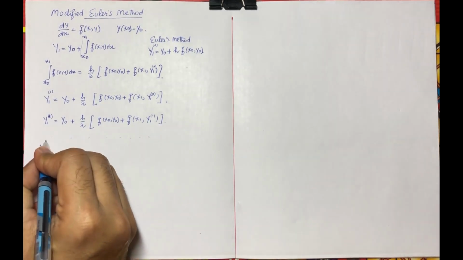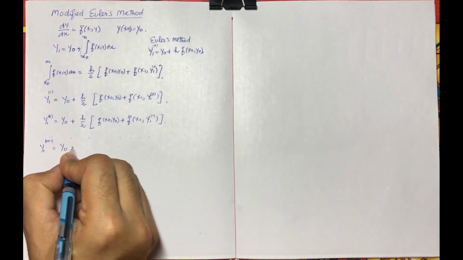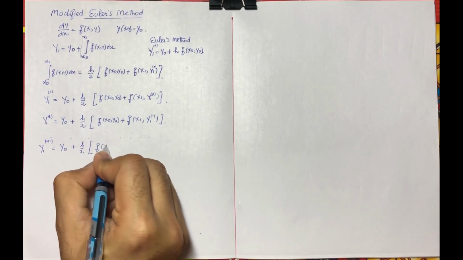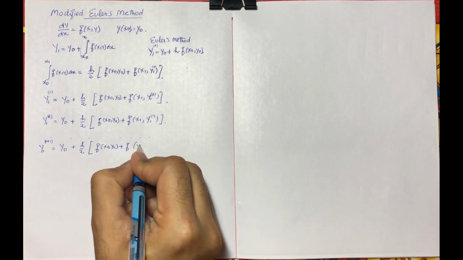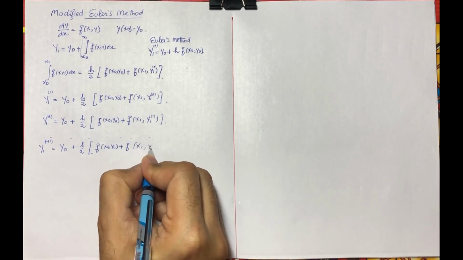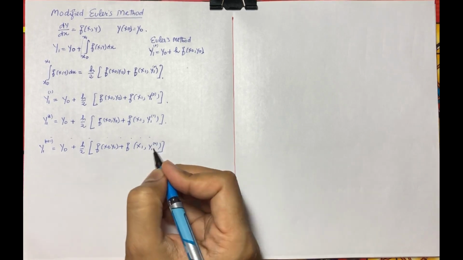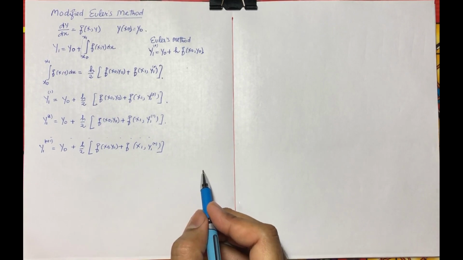So we can write the (n+1)th approximation is y0 plus h by 2 f(x0, y0) plus f(x1, y1^(n)). So this is Euler's modified method.